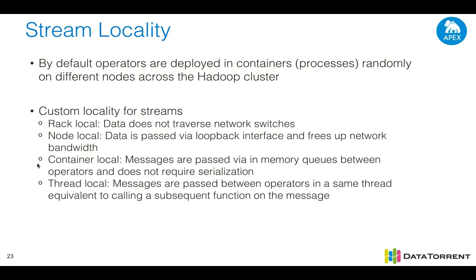And with container local, the operators are directly exchanging pieces of data through a queue, so there is no serialization required, which is much faster. Thread local is for the case where you have an operator that rarely does something. For example, an operator that looks for error conditions, and another operator that sends an email when there is an alert.